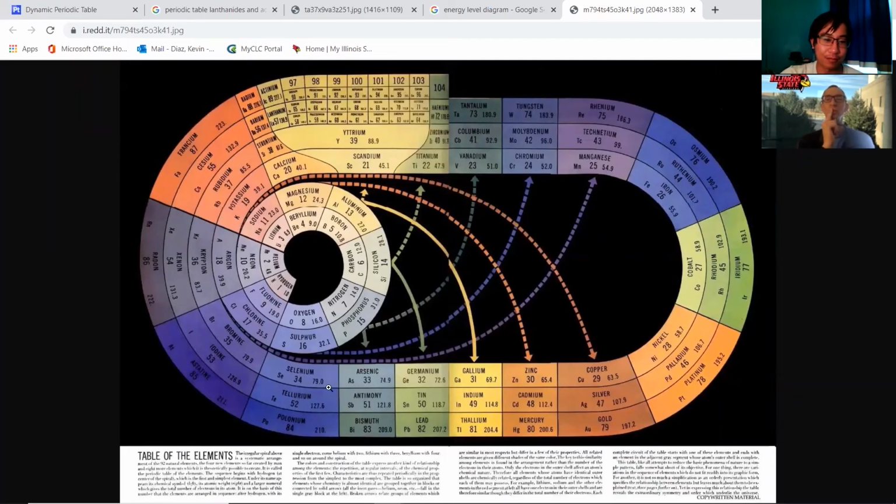There's a little description, because this is photo scanned from the magazine itself. Basically, the original inventor thought this table would better display the groups and the idea that the filling up of valence electrons is a circular pattern, as you can visualize with the many circles.